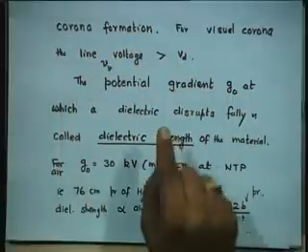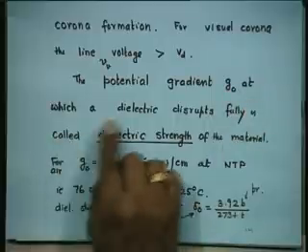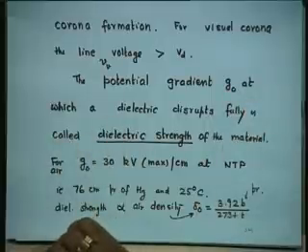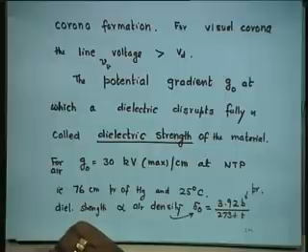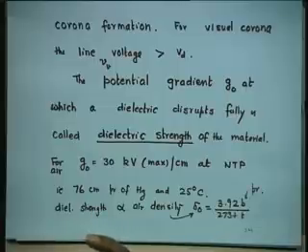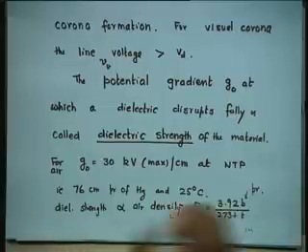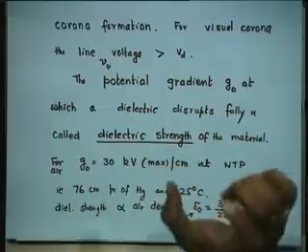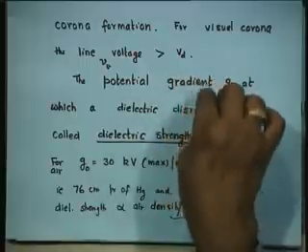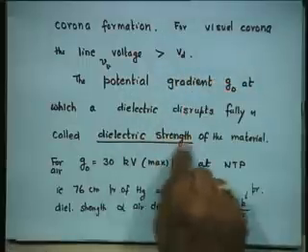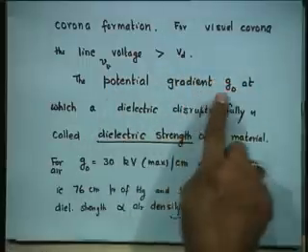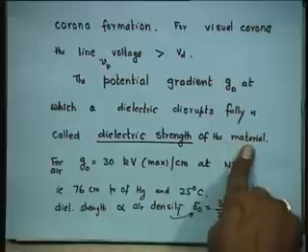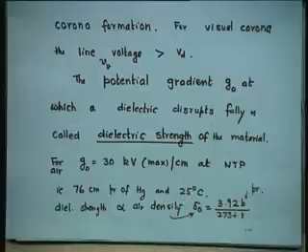The potential gradient G0 at which a dielectric disrupts fully, that is, dielectric strength of the material is spoiled. That gradient is called dielectric strength of the material.